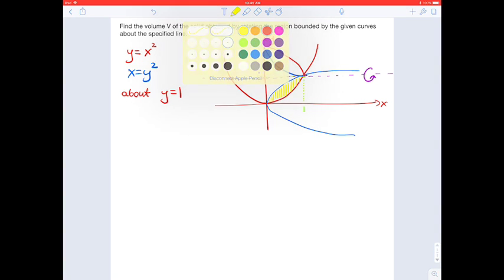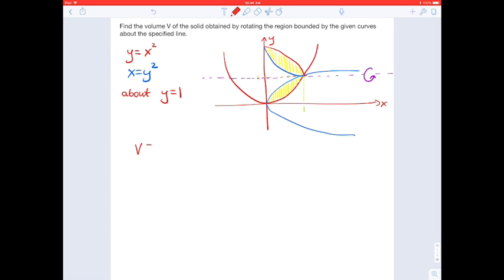We will simply get a mirror image, the reflection. And of course this is a solid. I don't want to draw the 3D. I will leave it like that, but this is the solid, and in order to get the volume of this solid we will use the washer method because we do have a hole inside.